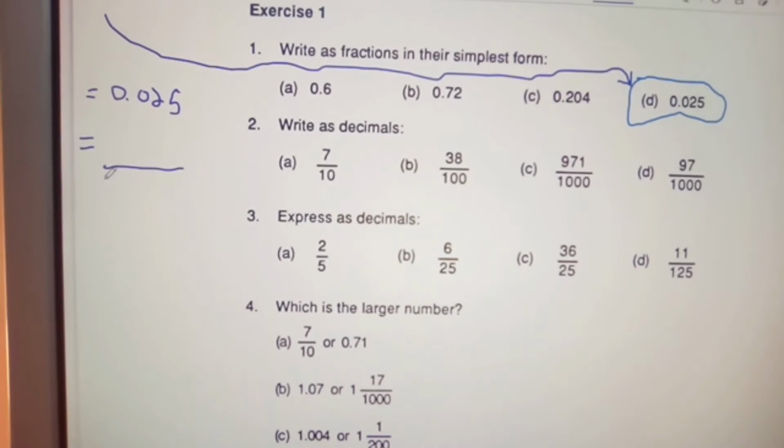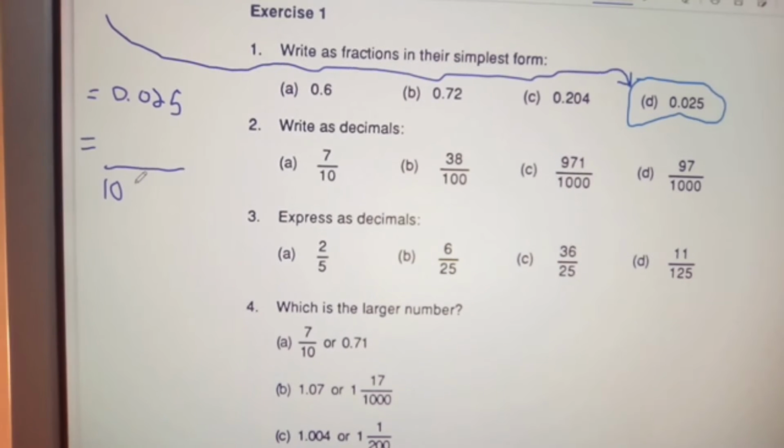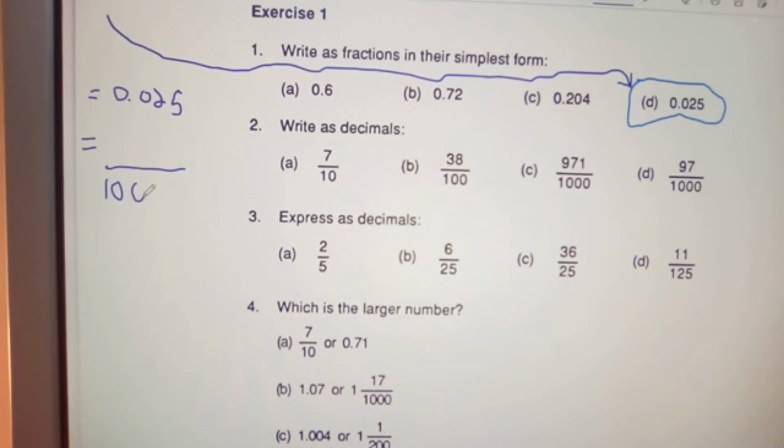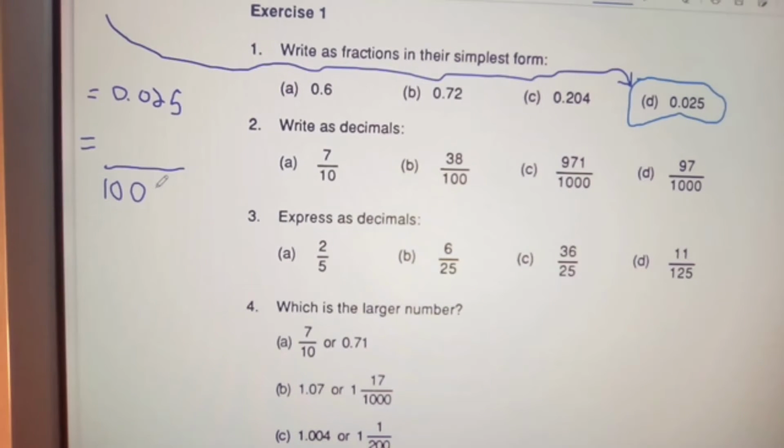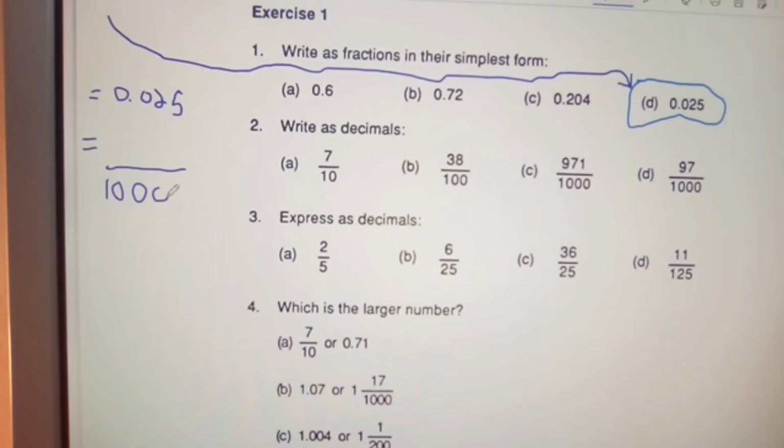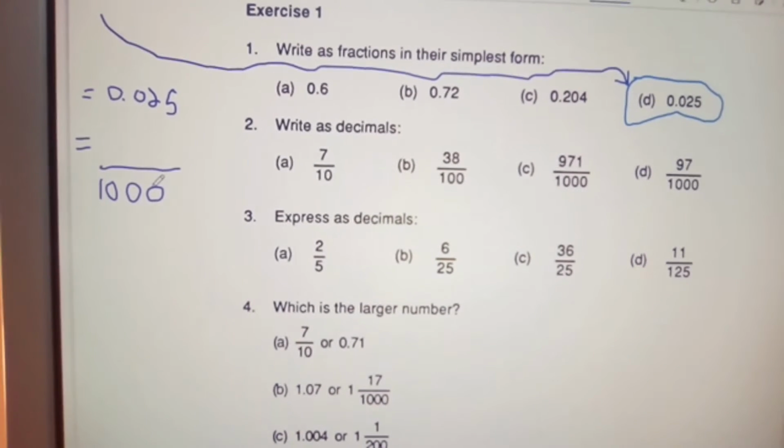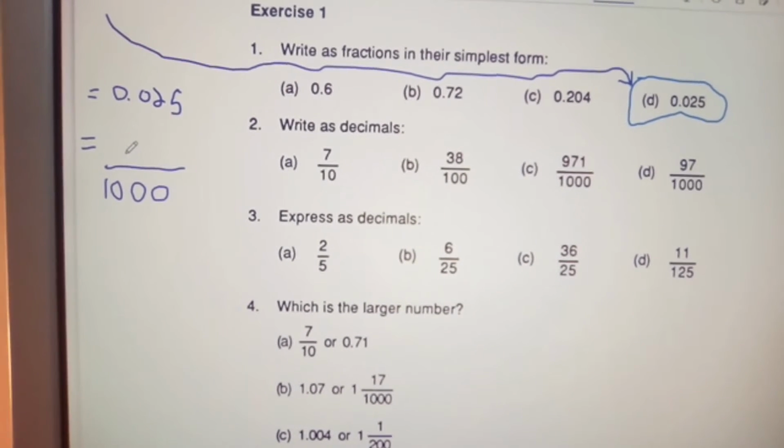So 1, add a 0, another 0, and another 0. That's going to be 0.025.